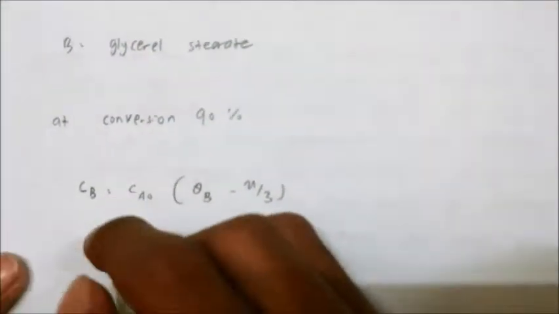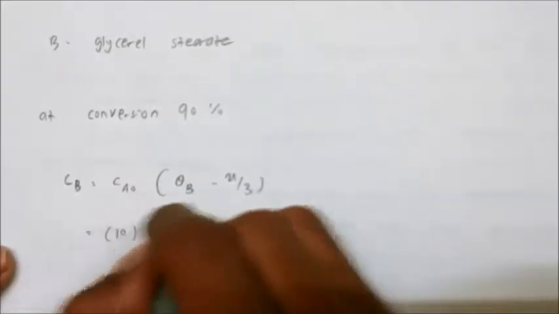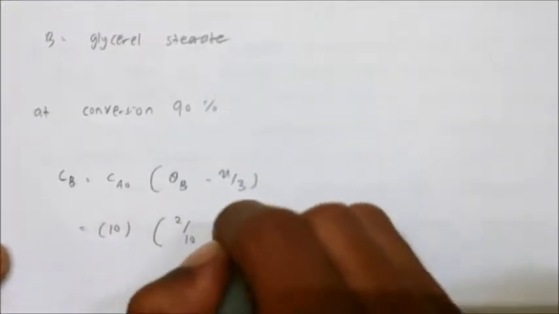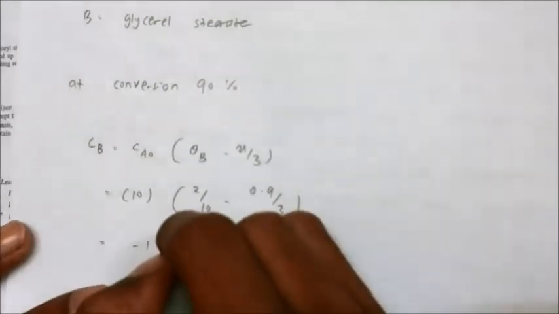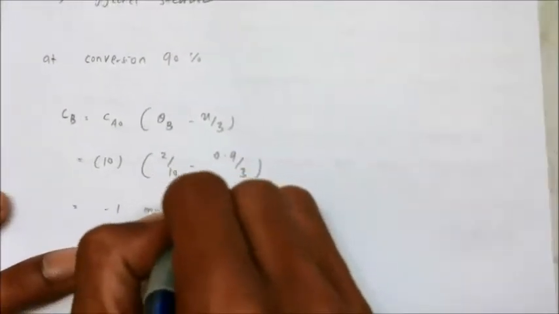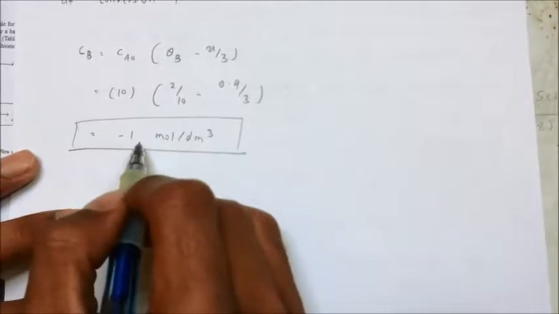So it is equal to 10 times (2 over 10 minus 0.9 over 3). And then we get the value of negative 1 mole per dm cube. So from this calculation, we get the value of negative 1.